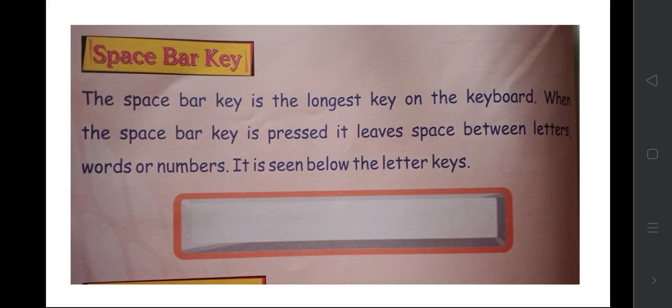So the space bar key is used for giving a gap between words. Each and every word should have a gap, isn't it? So in order to give a gap between every word, we are pressing the space bar.